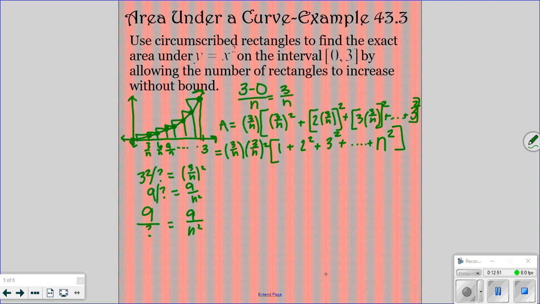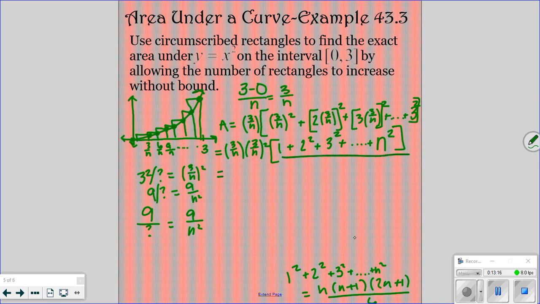Now, again, this formula is going to be on the test, but on your answer sheet is where you'll have to look when you're doing your homework. I wish they gave it to you in the problem, but for some reason they don't. So you're going to do n times n plus 1, 2n plus 1 over 6. Okay, so all of this can be replaced by that formula down here.